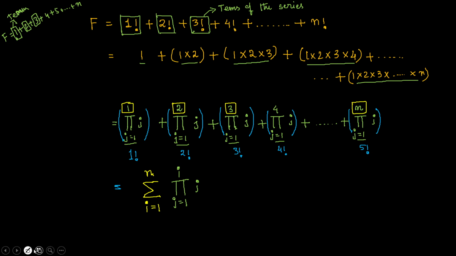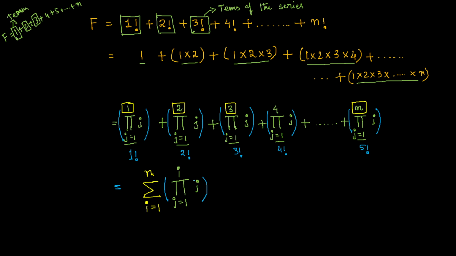So basically there are two things. We have a summation and we have a pi. Summation represents plus, pi represents multiplication.